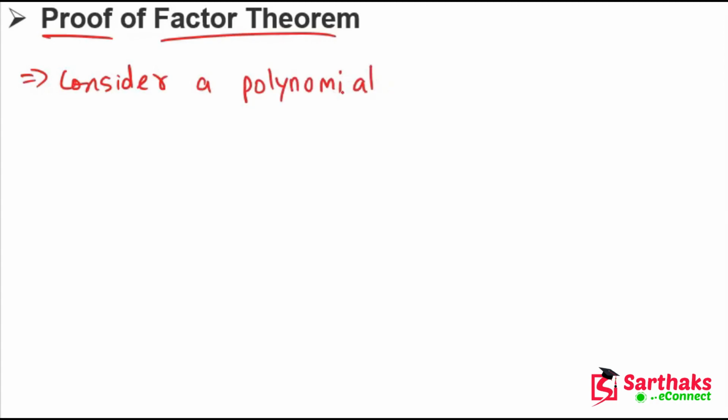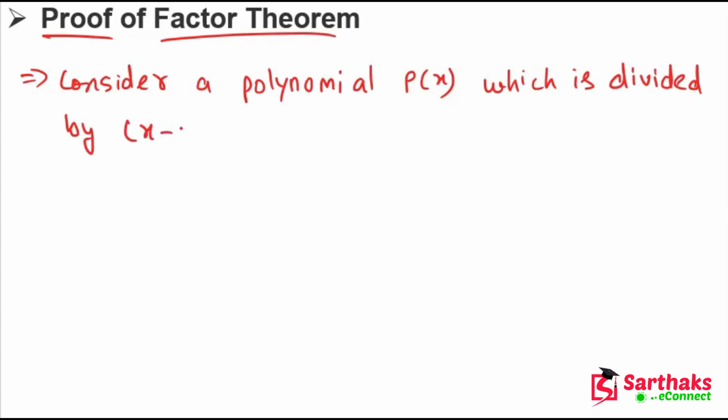Listen to me very carefully. P of x, we are considering this polynomial, which is divided by x minus a. Now here we have p of a is equal to 0.